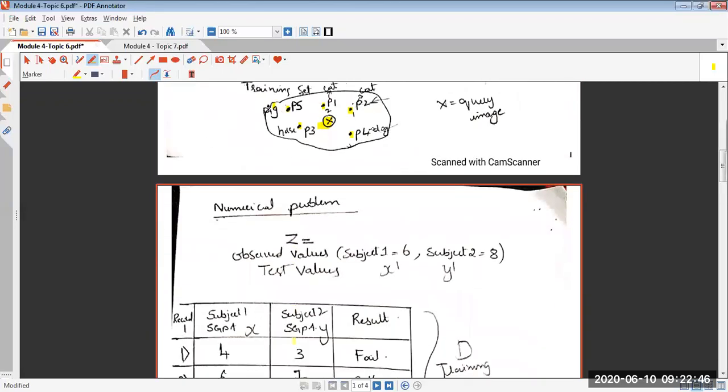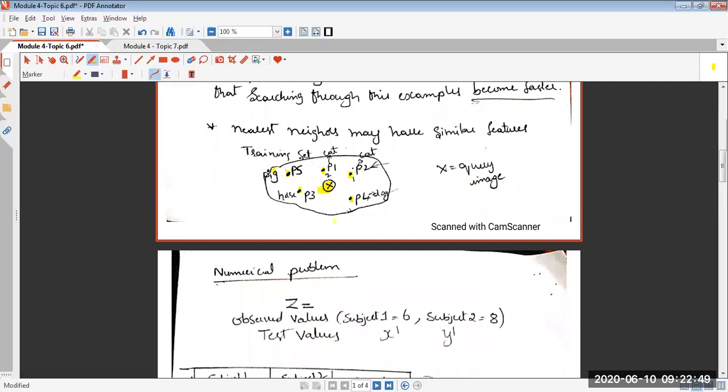Next, once we get to know that this query image is somewhat similar to a few data points, we will test to which class these data points belong. For example, I had explained, we found this query image X is somewhat similar to P1 and P2. Next, we will check to which class P1 and P2 are mapping. We have those details because it's training data, an observation that has been recorded already.